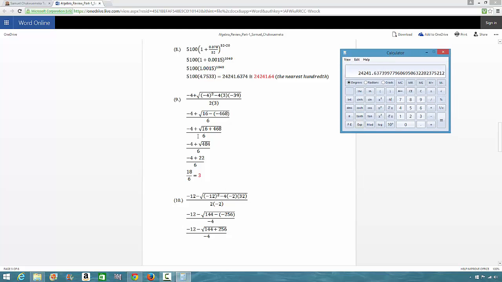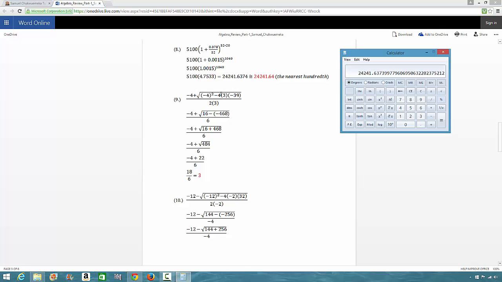All right. Question 9. Some of you might say this and you just get, oh, this is too much. It is not. Okay? It is not. So we want to solve this step by step. You have an exponent here, you have subtraction here, then you have multiplication, 4 times 3 times negative 39.